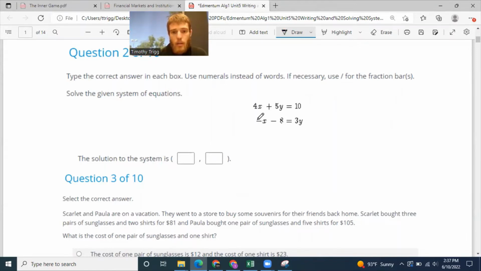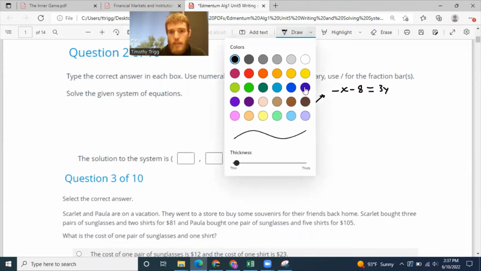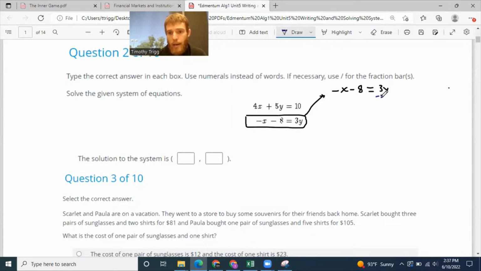So let's go ahead. I'm just going to grab this equation, and to the side, I'm going to rewrite it. Okay. So here, -x minus 8 equals 3y. So what I would do probably is move the 3y by subtracting 3y on both sides.